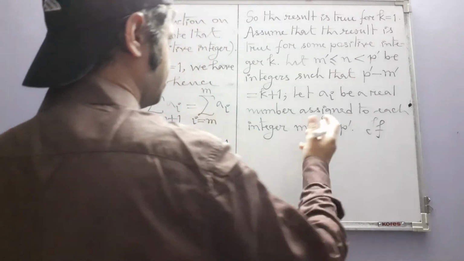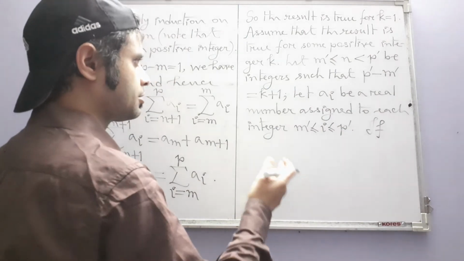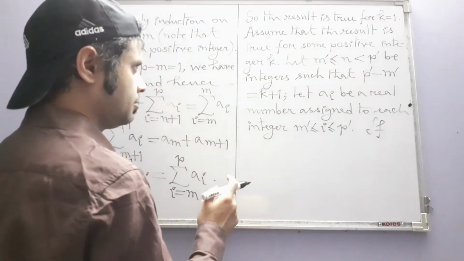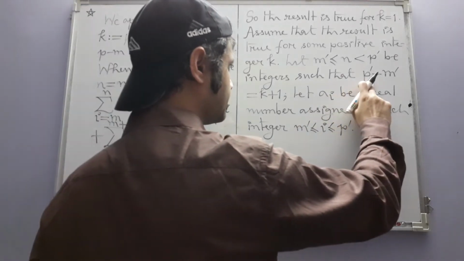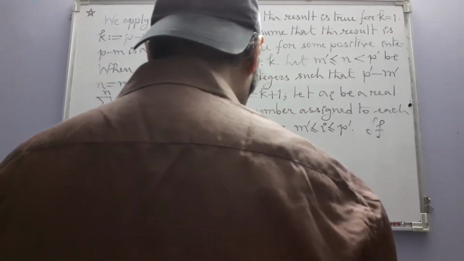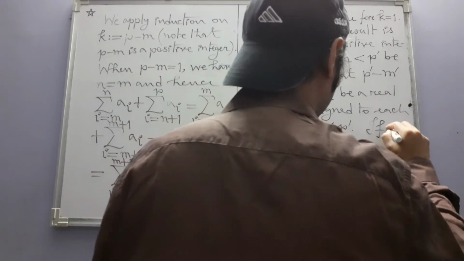And if you want, you can write m and p here also. I'm just simply writing m prime and p prime to show that these are any integers, they only satisfy this condition.